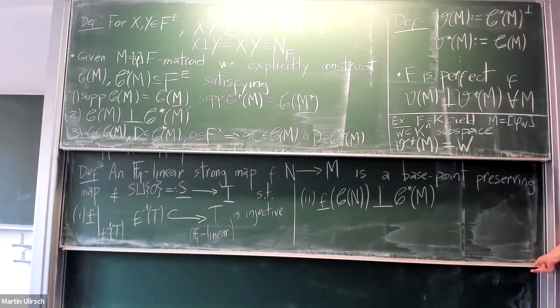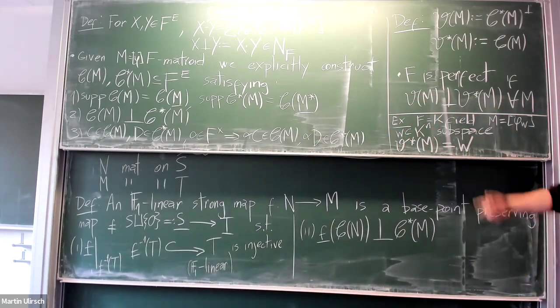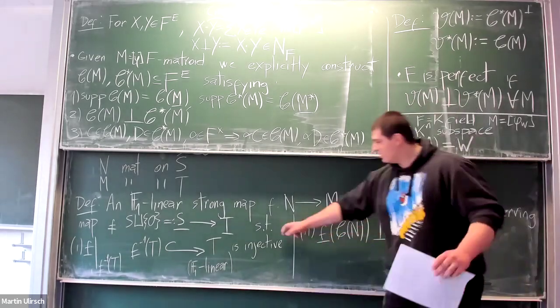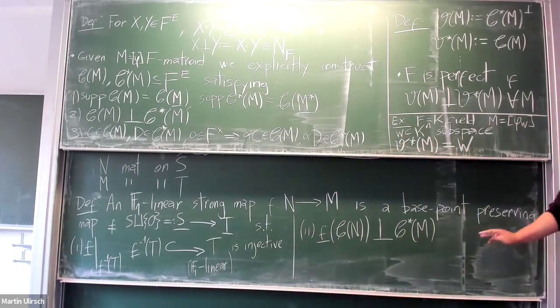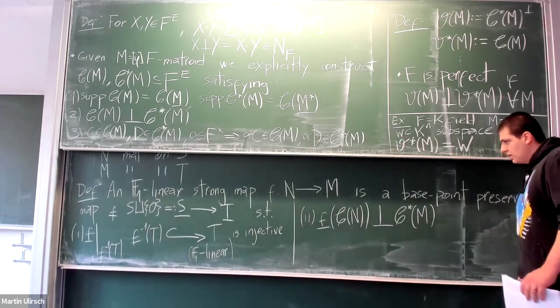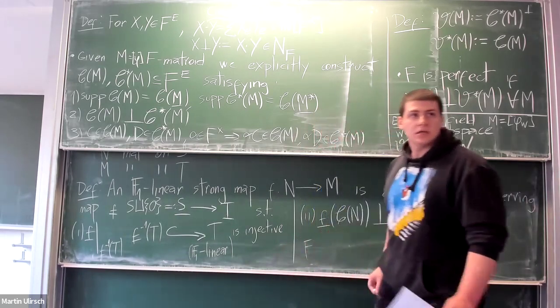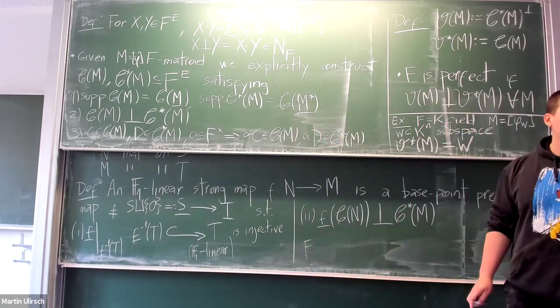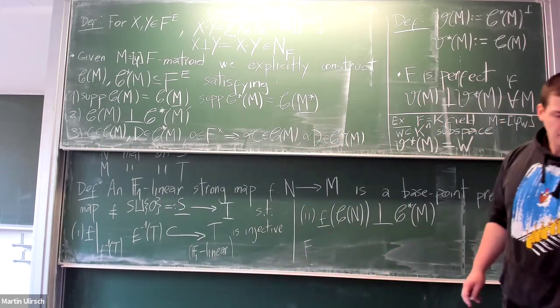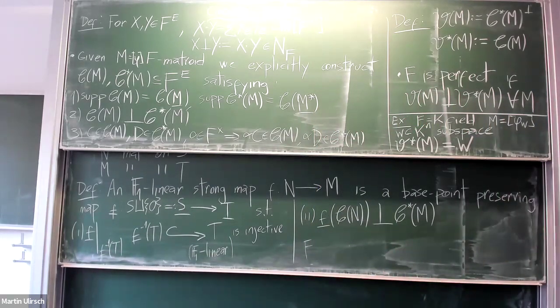This is an F1 linear strong map. It's not clear how this relates to strong maps of matrices from that definition. It's because we have a lot of different characterizations of strong maps.